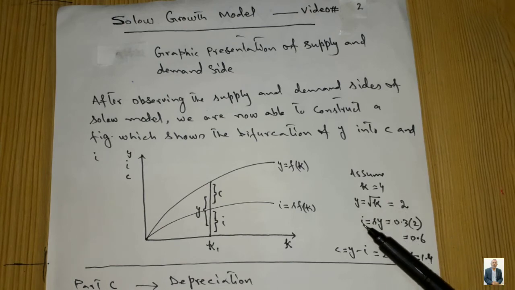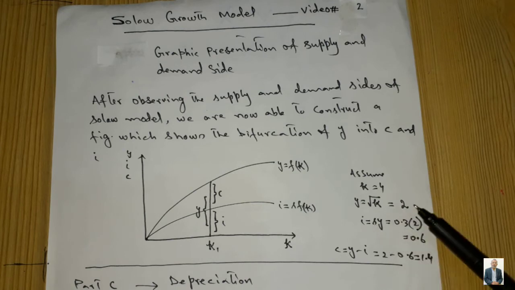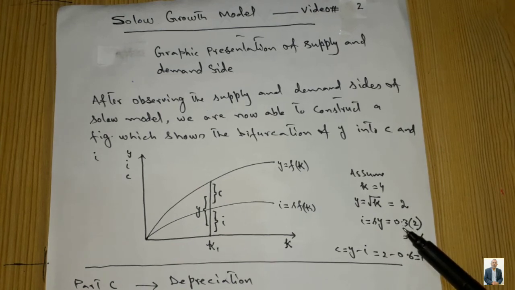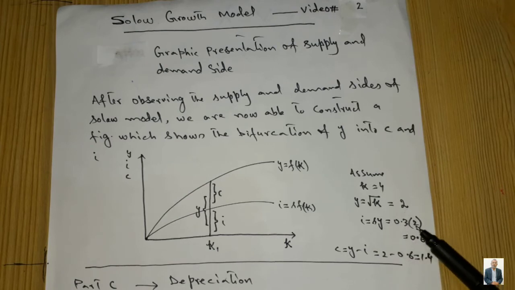And investment has this function, S is the saving rate, Y is the output. So we can assume S is equal to 0.3, which means 30% of output is saved and invested. So 0.3 is the saving rate and 2 is the output level.